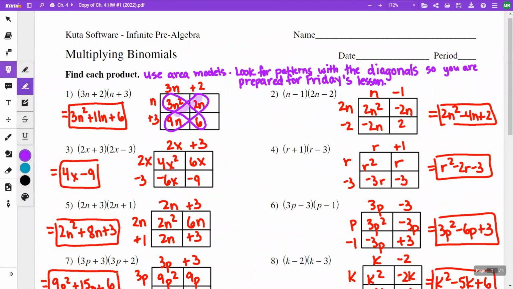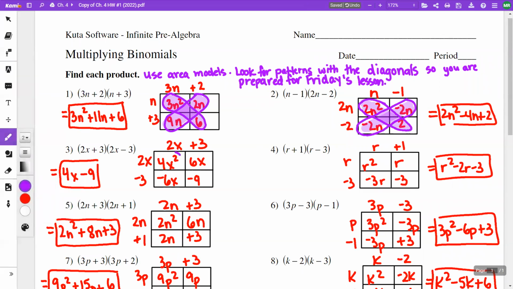If I look at this diagonal here, which has a 9n and a 2n, what relationship does it have with this one, which is a 3n squared and a 6? We want to look here at this 2n squared and 2, and this negative 2n and negative 2n. Okay, what do they have in common?